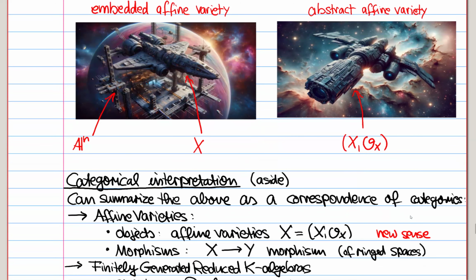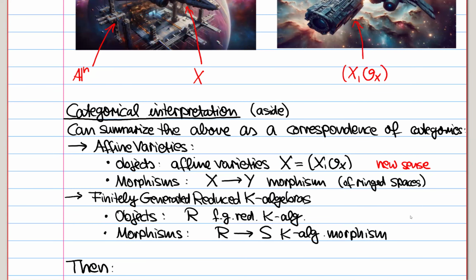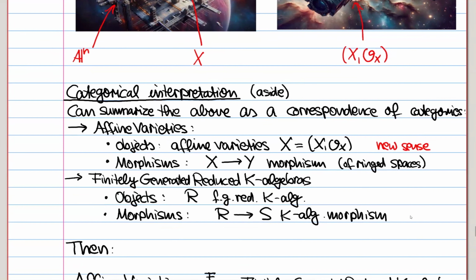And then maybe again, a bit more mathematical. We can also have a categorical interpretation of what we just saw. In the language of categories, we can summarize it as follows. We can define two categories.